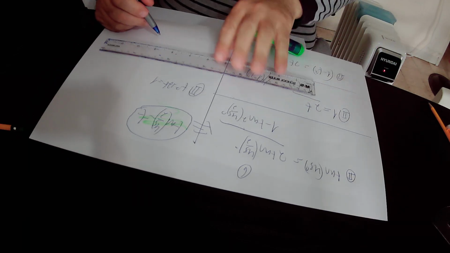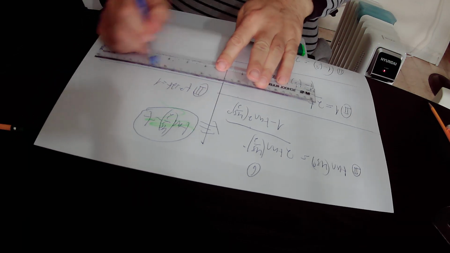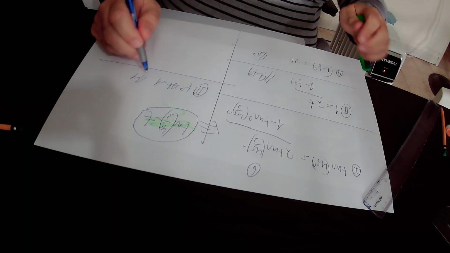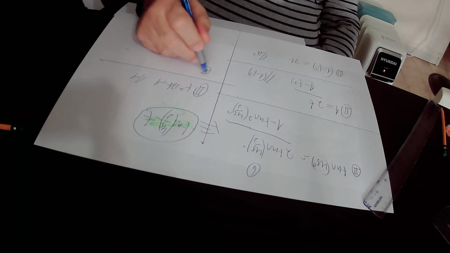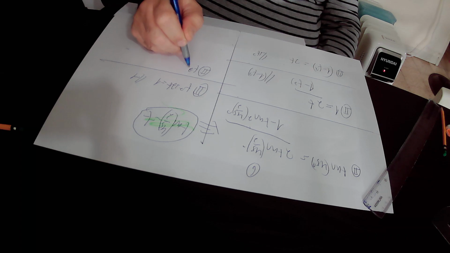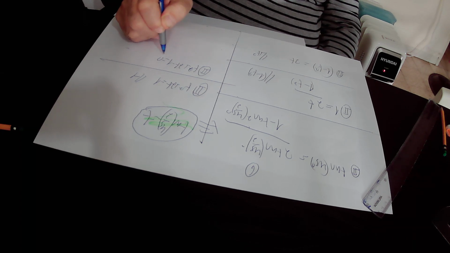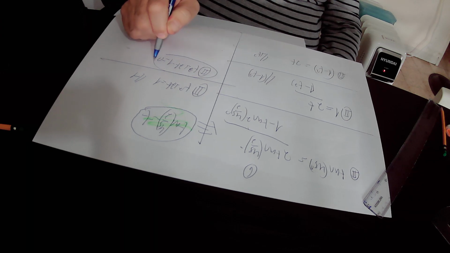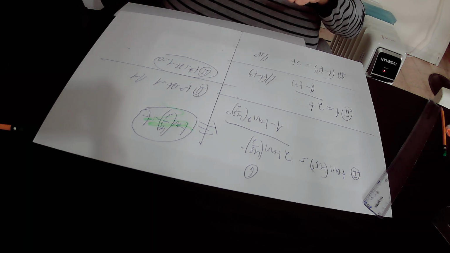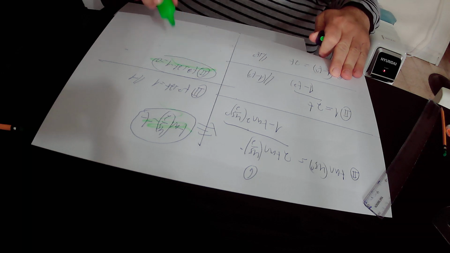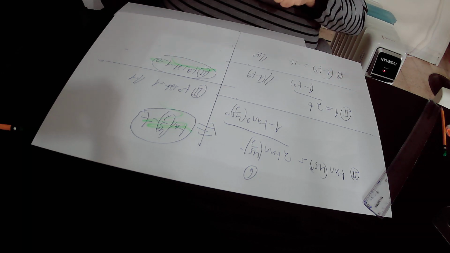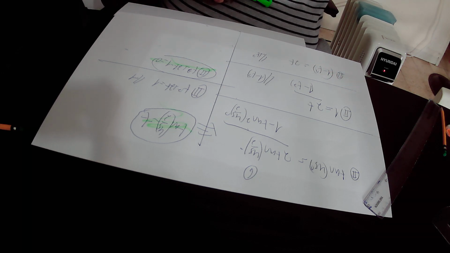Here we subtract 1, and finally we get t squared plus 2t minus 1 equals 0. So this is a quadratic equation.